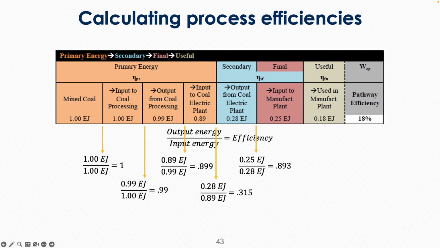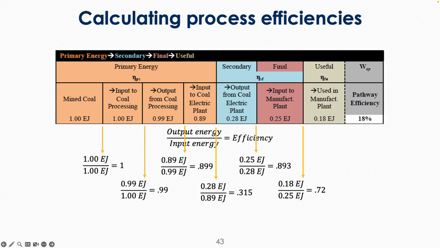The electricity from the output of the plant going to, in this case, a manufacturing facility, you lose something like 10% of electricity there. And in the final step, whatever this thing is doing in terms of the actual usage of the electricity into its service is 72% efficient.